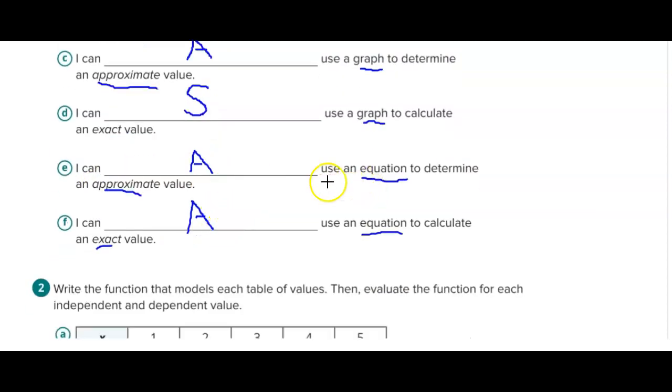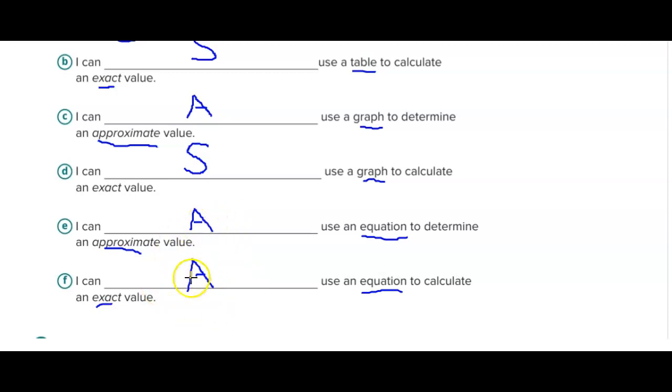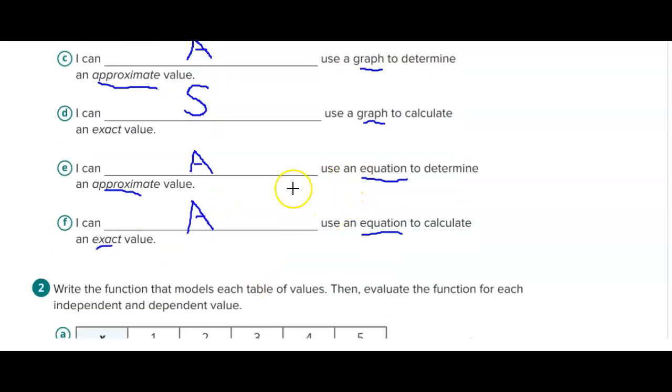And then equations, those are pretty good all around, but the limitation of equations is they can be hard to visualize. A graph or a table might be more comfortable to look at than an equation. So equations are good for accuracy, but they're not maybe as clear when you're just looking at them trying to interpret the data.